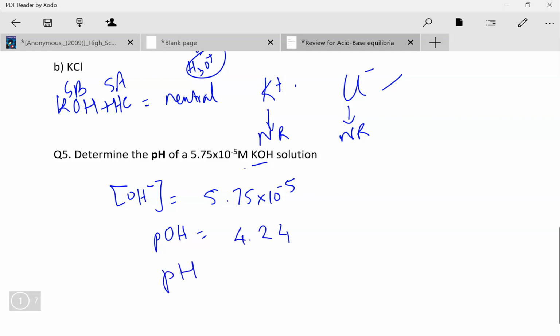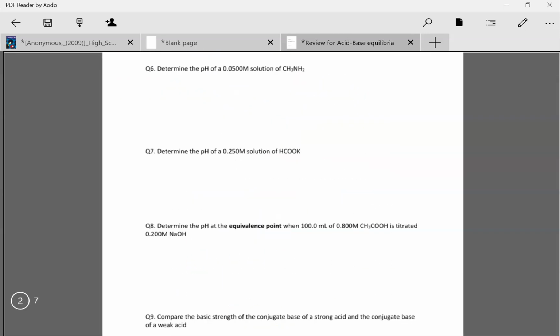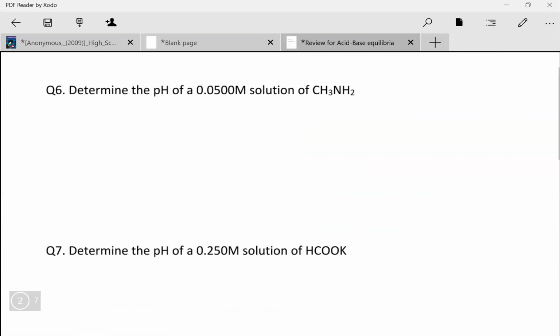So our pH will be 14 minus that answer, which is 9.76. With 3 sig figs, technically it should be 9.760. Okay. That was easy-ish, hopefully.